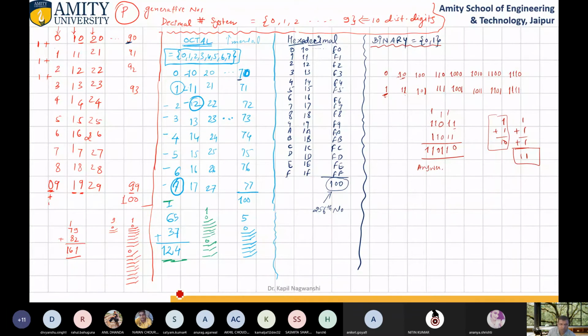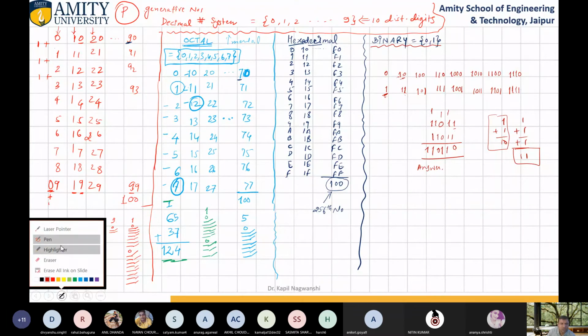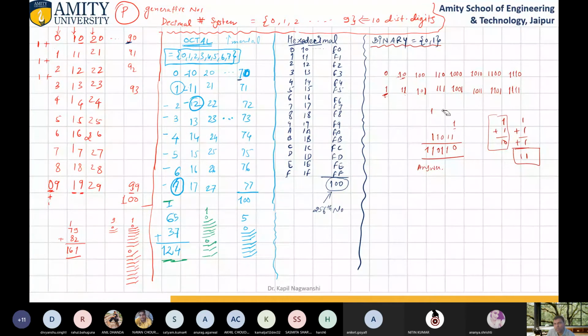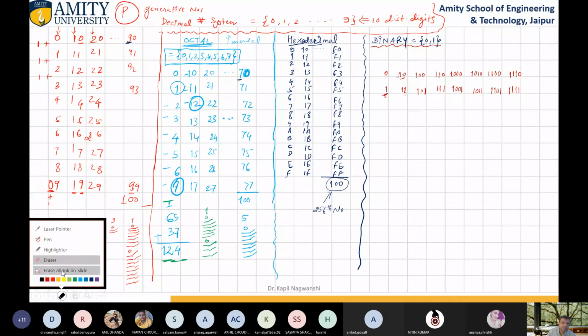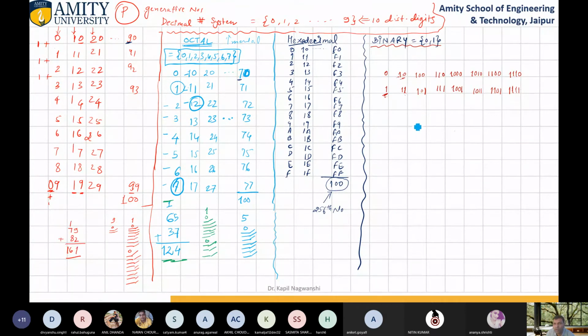Let me actually segregate all these numbers because they are in a single box. Let me explain by segregating. I put this box in PowerPoint purposely for this purpose only, to understand the concept. Let me write one number, 10110. Suppose this one, no significance.